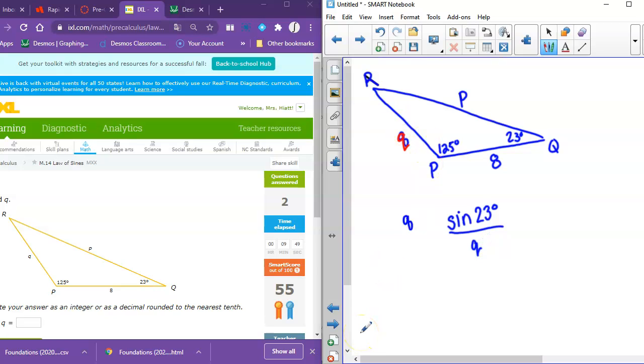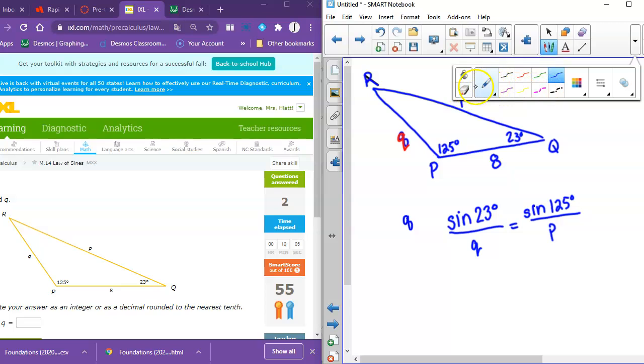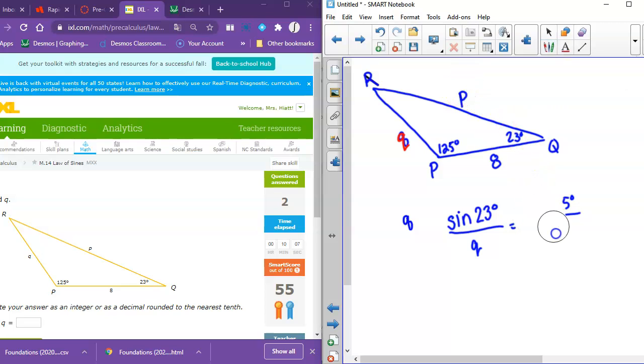Now, here's our trouble. If I want to set this equal to sine of 125, I don't know P. And you can see I've got two variables here. I can't solve this equation whenever I have two variables, so that's not going to help us very much.